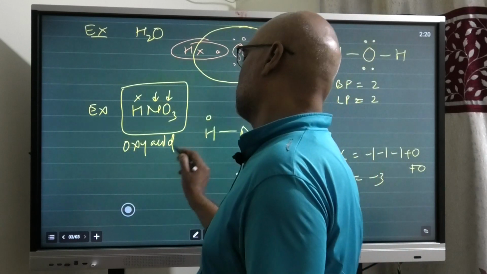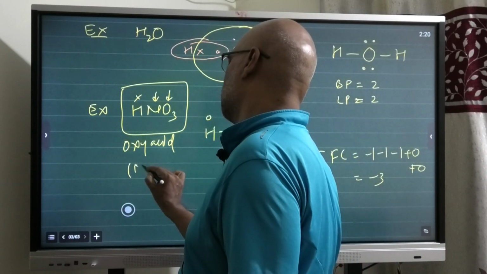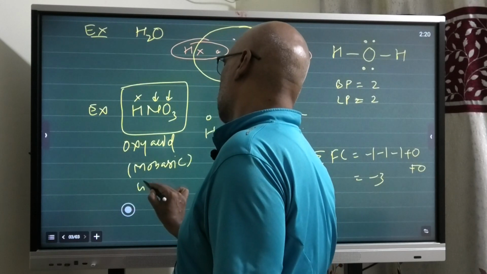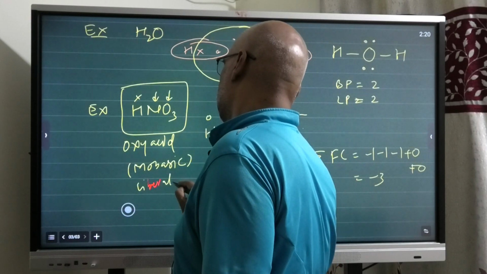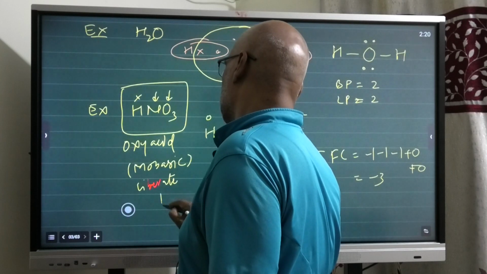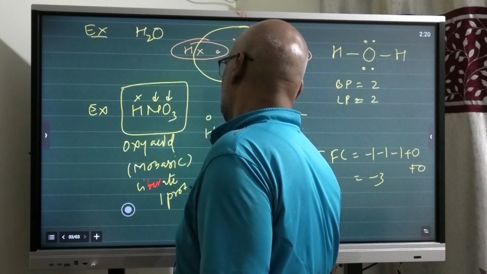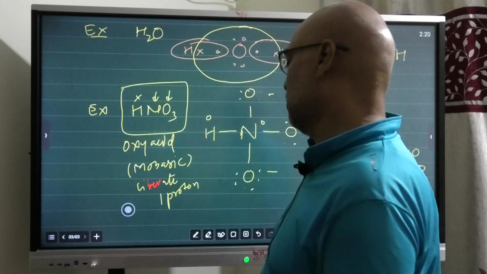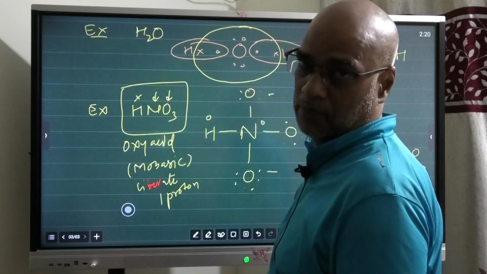So basically it is an oxyacid and it is monobasic. What is the meaning of monobasic? Liberate one proton. Okay. So if you have this information, then you can draw the structure, otherwise there will be a problem.